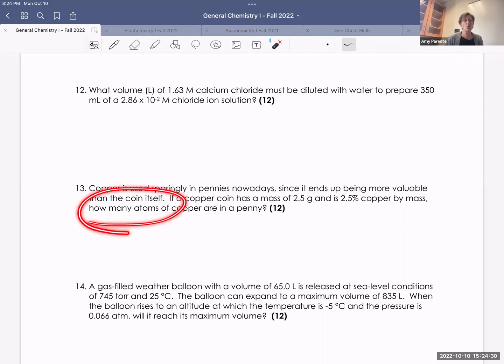When you see things that say how many, that's Avogadro's number. I'm going to need to use that for this problem. So especially if you start making a walk, I always do walks when I do my problems. I plan my calculations first. Even if you put some of that down and your walk is right, and you don't have a chance to finish the problem, I can give some partial credit for that. So always try to plan your problem in that way.